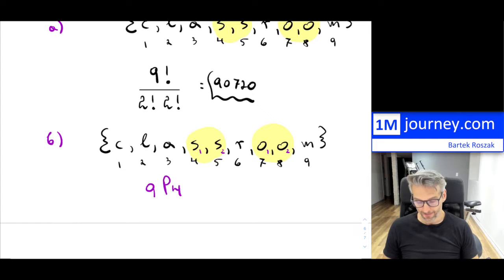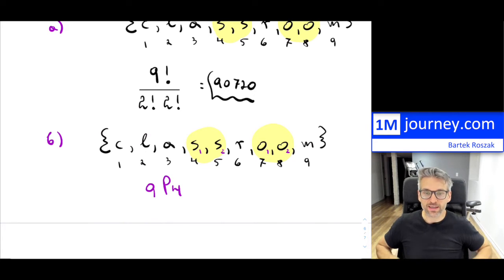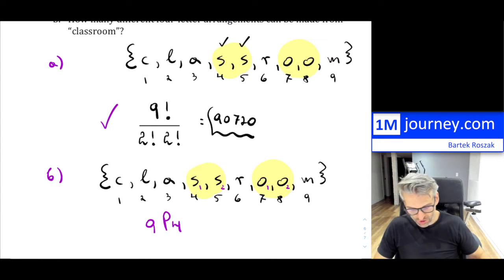But unfortunately we can't do that, because the S's are not distinguishable. We don't know which one is 1 and which one is 2. So how would we approach this? We had a very nice way of doing it when we chose all the letters: we would just divide by how many times the S's repeat in factorial ways, so 2 factorial.